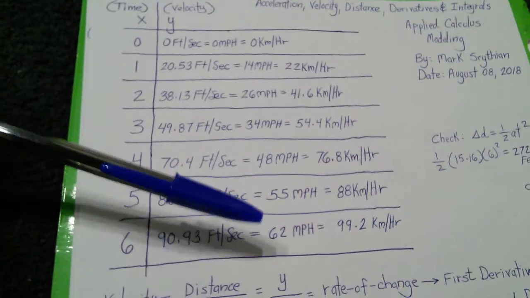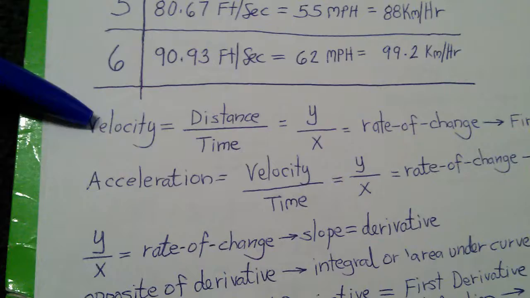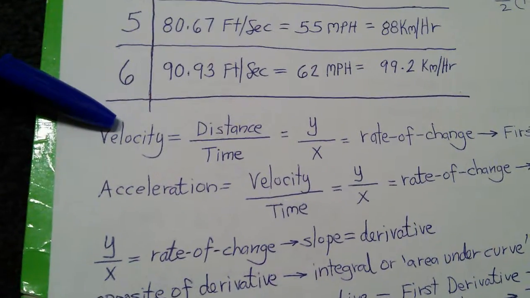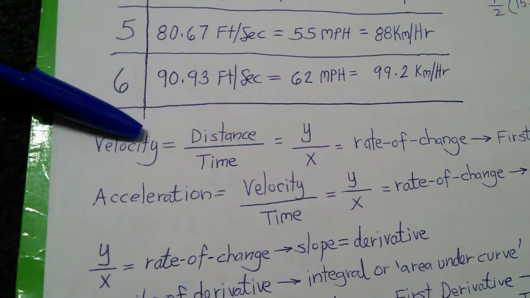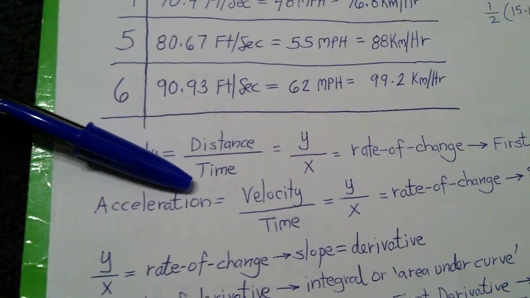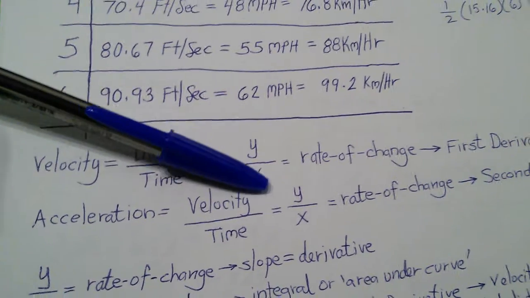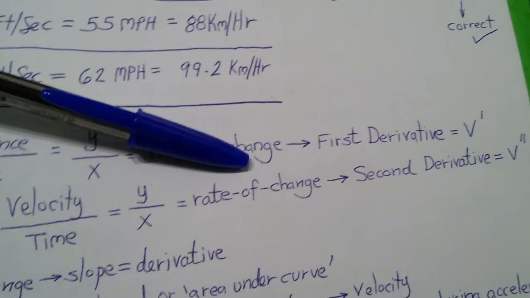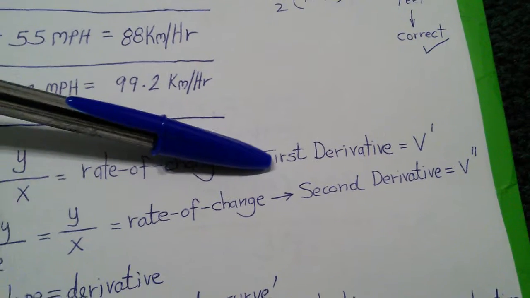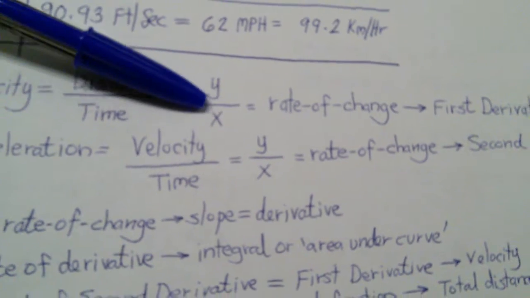So, of course, this is an acceleration, a change in speed over time. But first we have to understand what velocity is. Velocity is a certain speed in a given direction, which is a distance accomplished over a given amount of time. So this becomes a rate of change, a slope, a y over x. And in this case, velocity would be the first derivative. The derivative is simply the rate of change.